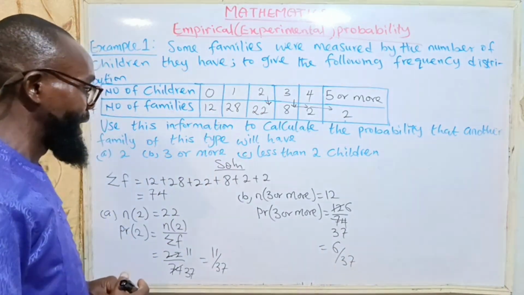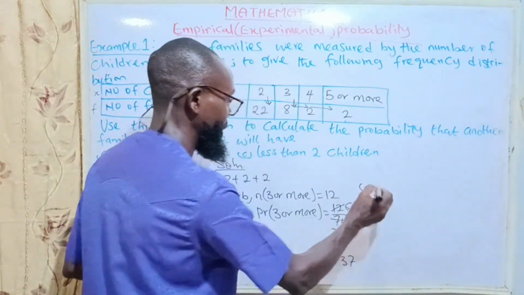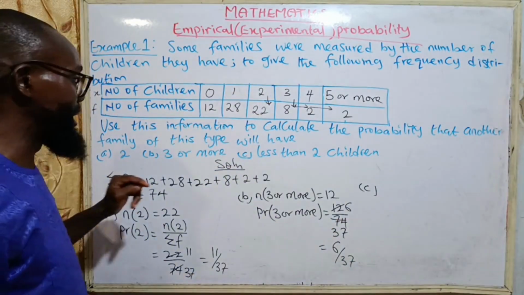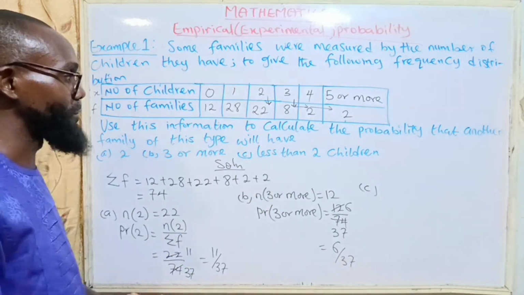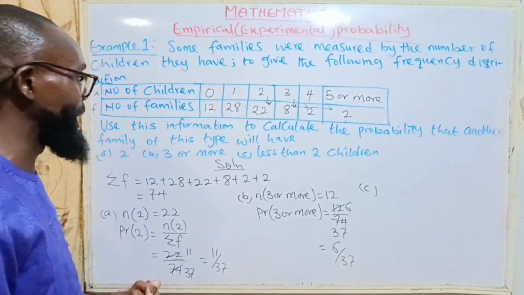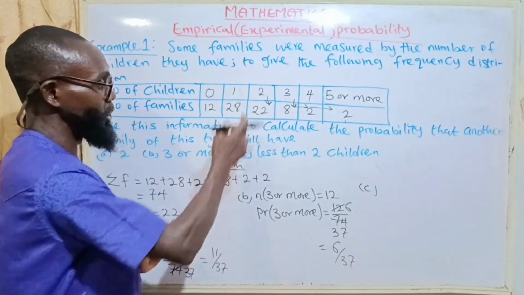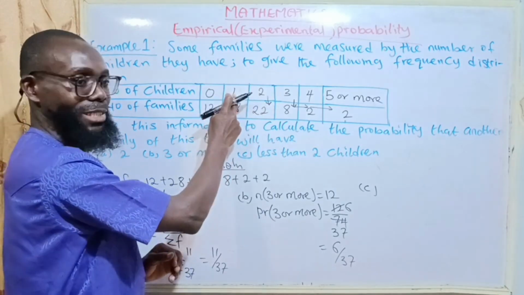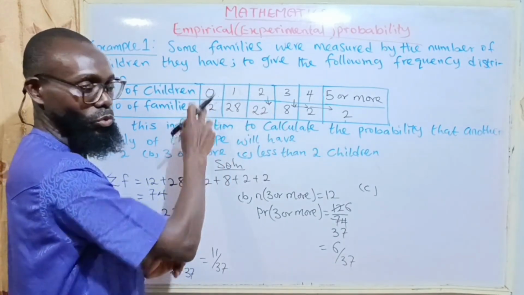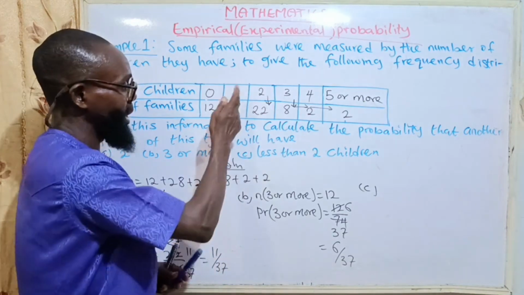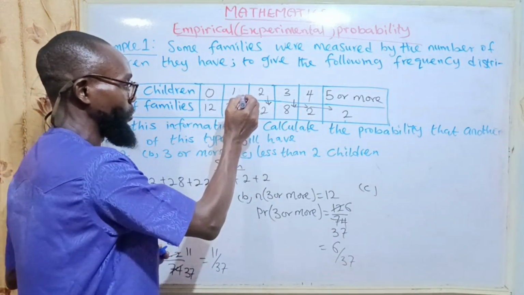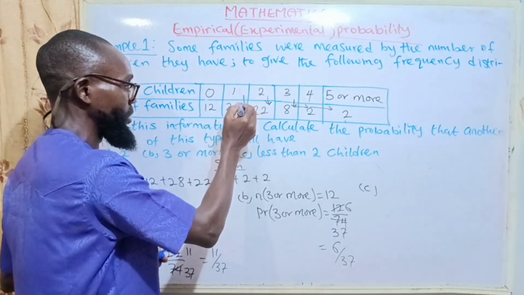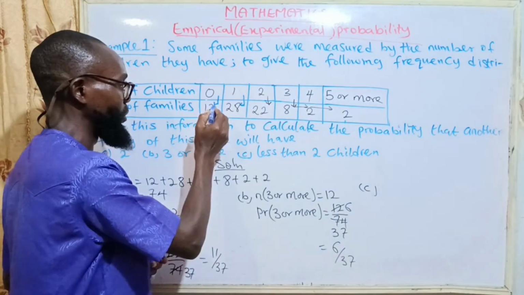Now, the last one is to find the probability of less than 2 children. When we say less than 2 children, what numbers are less than 2? 1 is less than 2, 0 is less than 2. Since 1 and 0 are less than 2, we look for the number of 1 and that of 0.